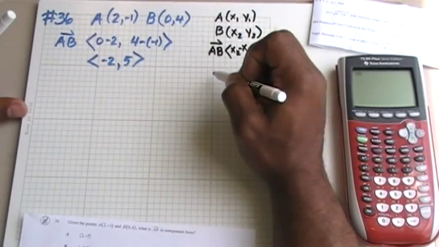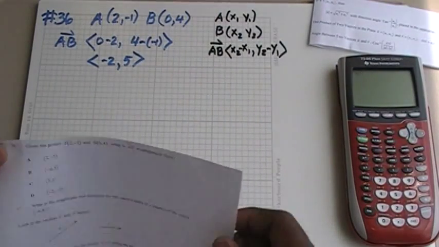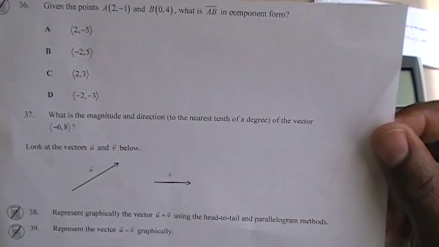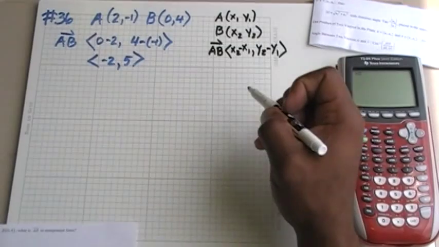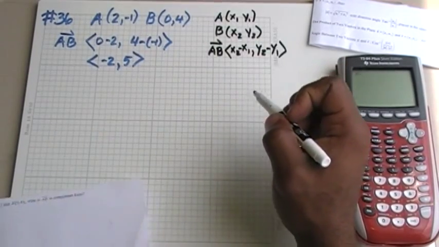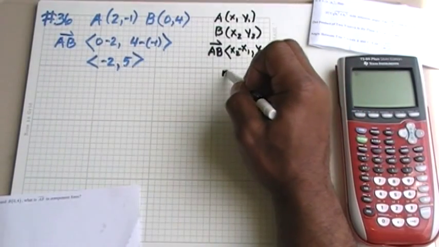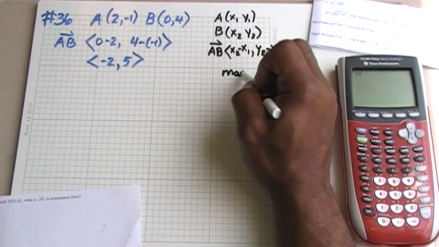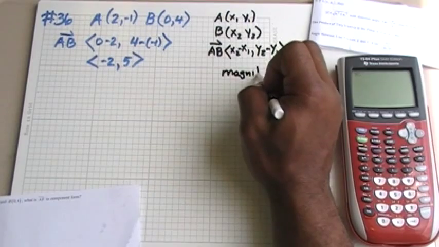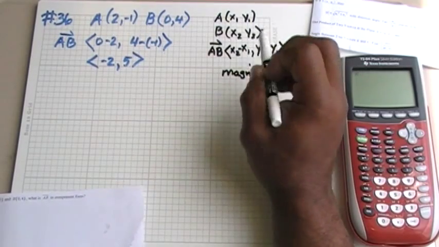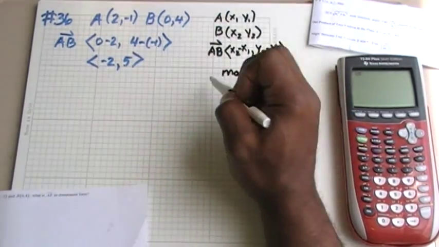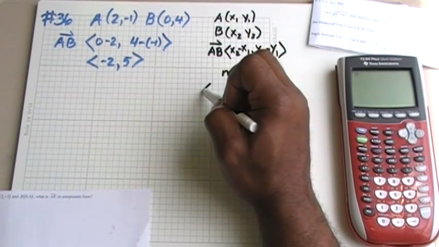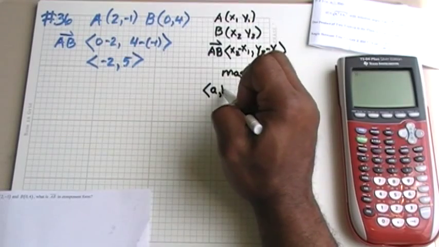Next problem asks, what is the magnitude and direction of vector (-6, 8), to the nearest tenth of a degree. First of all, when we're talking about magnitude, let's say I have some vector AB.